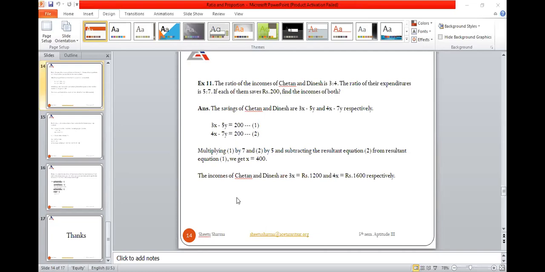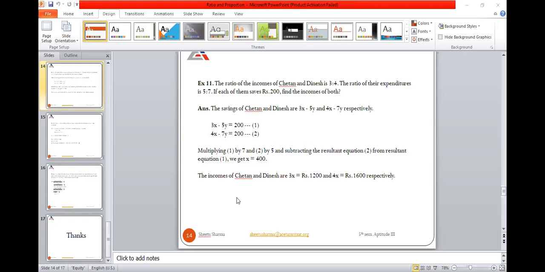Again, the savings of Chetan and Dinesh will be, what will be these? 3x minus 5y and 4x minus 7y. So according to the conditions, they both save rupees 200. So 3x minus 5y equals 200 and 4x minus 7y equals 200. We have two equations and two unknowns. Find the values of x and y.